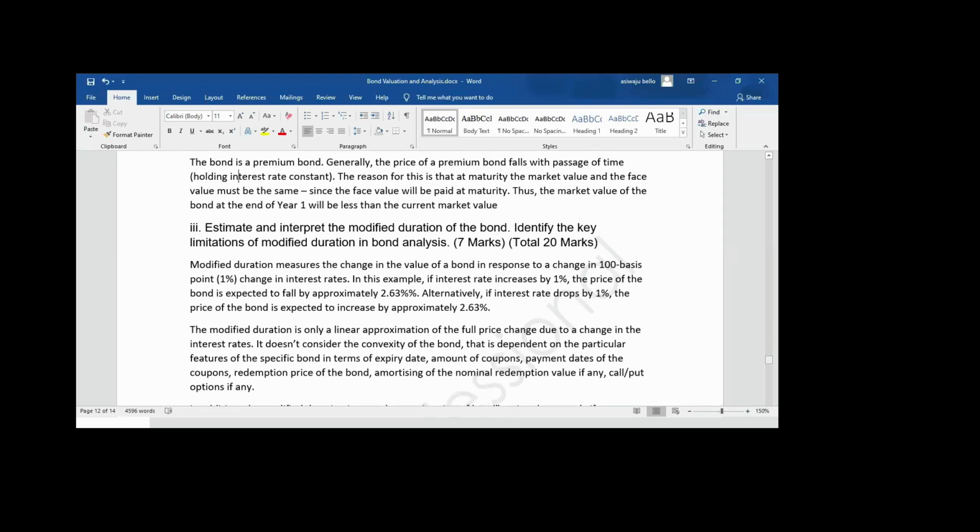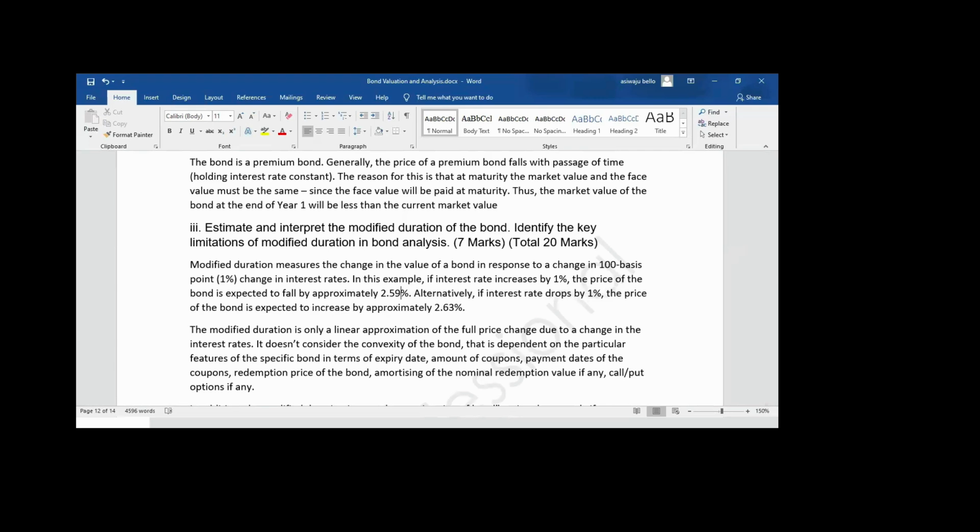interest rates. In this example, if interest rates increase by 1%, the price of the bond is expected to fall by approximately 2.95%. Please remember, if there is an increase in interest rates, the value of the bond will fall.